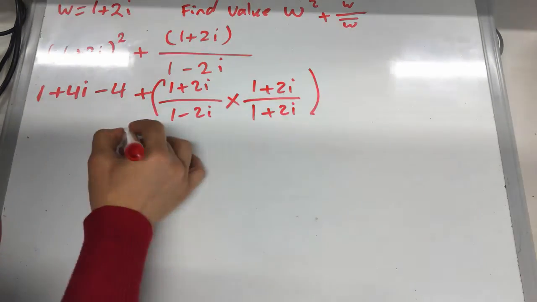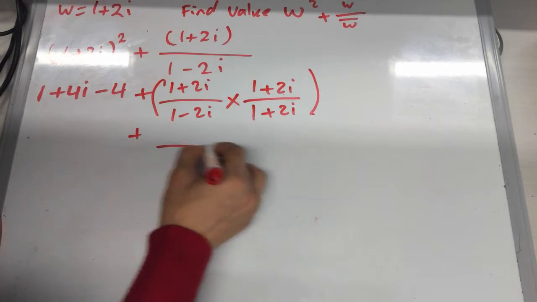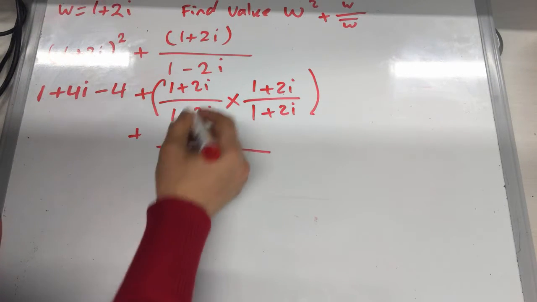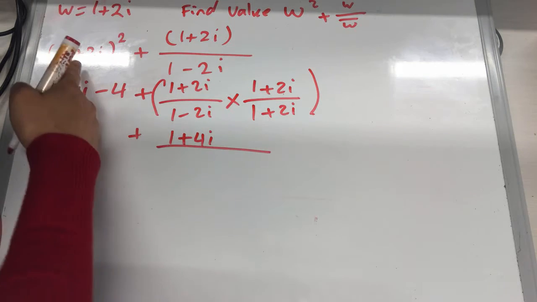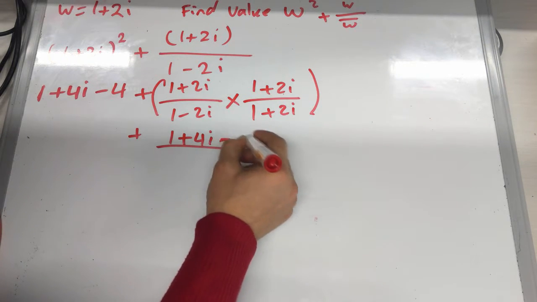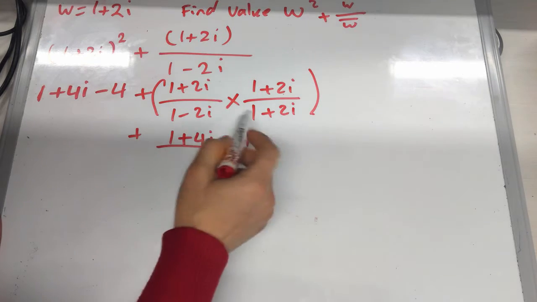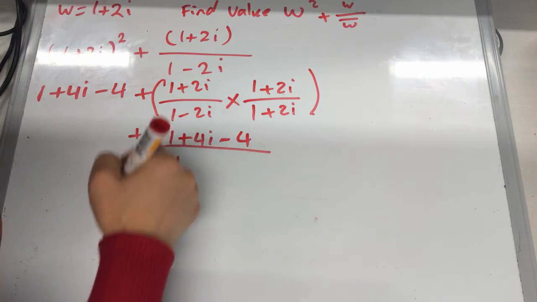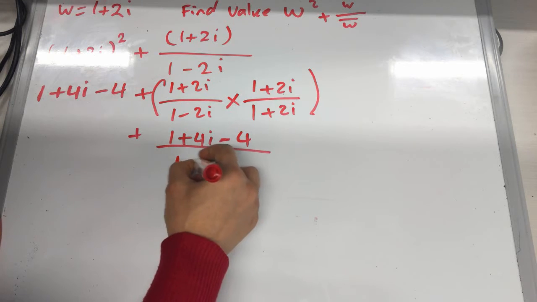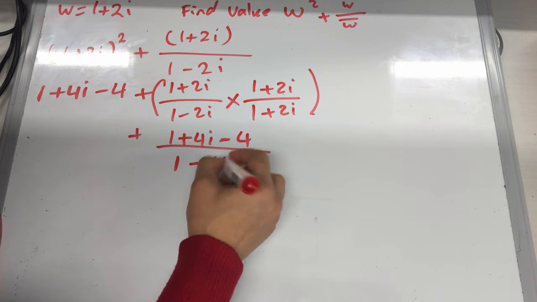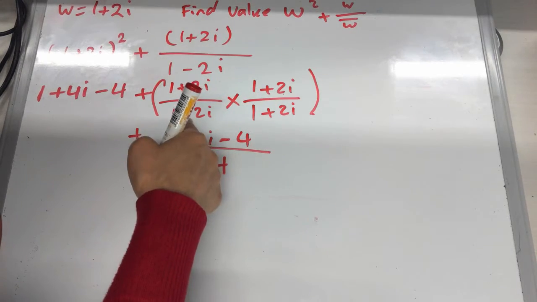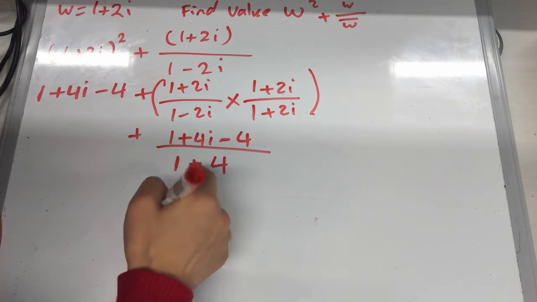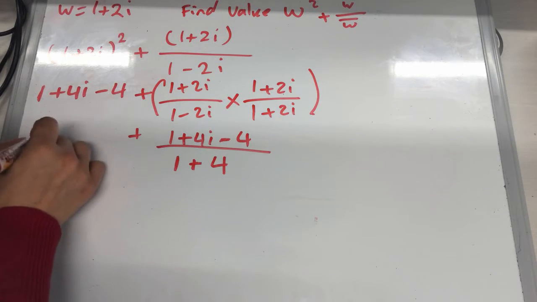Then I'll simplify that here, and that's giving me 1 times 1 plus 4i, similar to the square in here, minus 4. And then over here we'll just square the first one, square the second one, 4, as negative i times i is -1 times this negative here becomes positive, so it's positive 4.